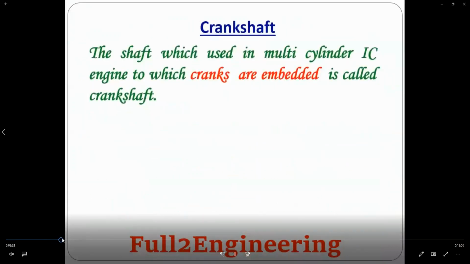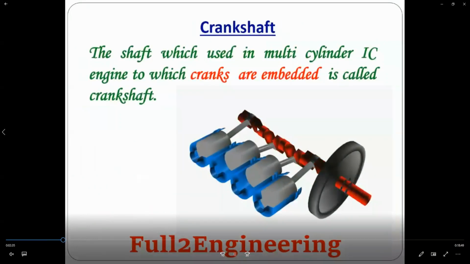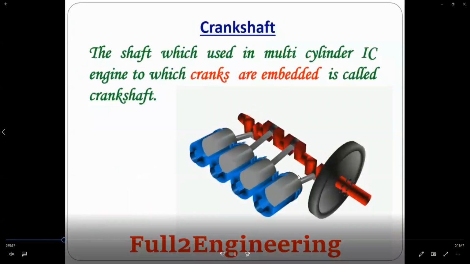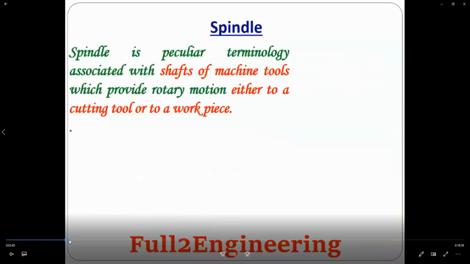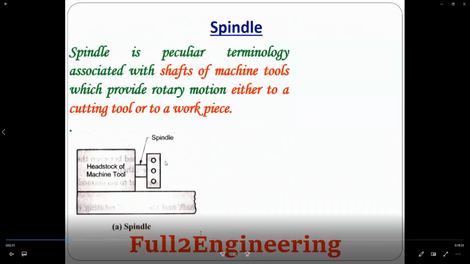Crankshaft. The crankshaft example is like this. In the car mechanism, it connects to the cylinders with different speeds. Spindle: a spindle is like in CNC machining, the cutting tools.